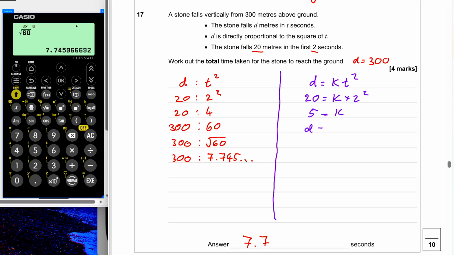So d is equal to 5t squared. And then we want to find when d is 300, so 300 is equal to 5t squared. So 60 is equal to t squared. So root 60 is equal to t. So that's using the equation version. You actually do the same math. It's just a slightly different way of setting it out, really.